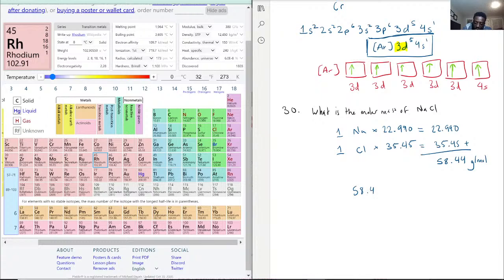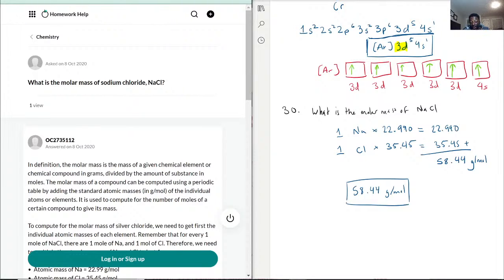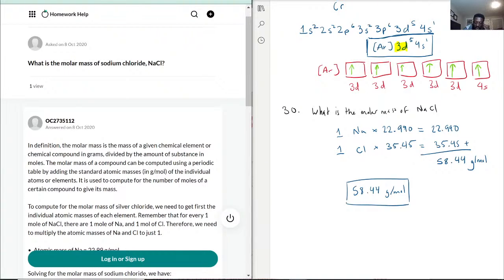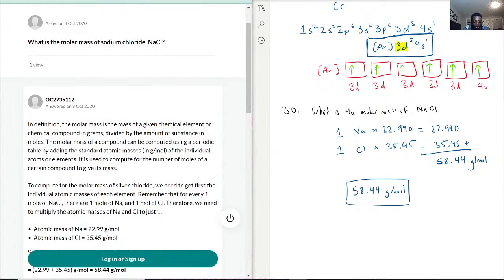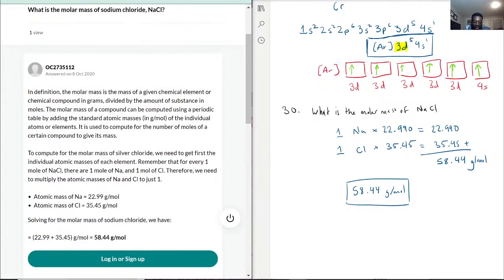And to write it cleaner, the molar mass of sodium chloride is this. The reason why is just because you have 1 of each constituent, so you add their atomic masses together, and that's your molar mass. Like this says, it's giving you a breakdown. It's computed using the periodic table by adding the molar masses of the individual atoms or elements.